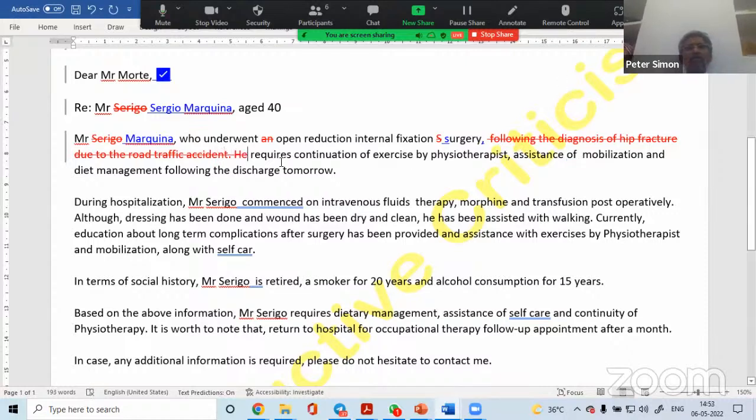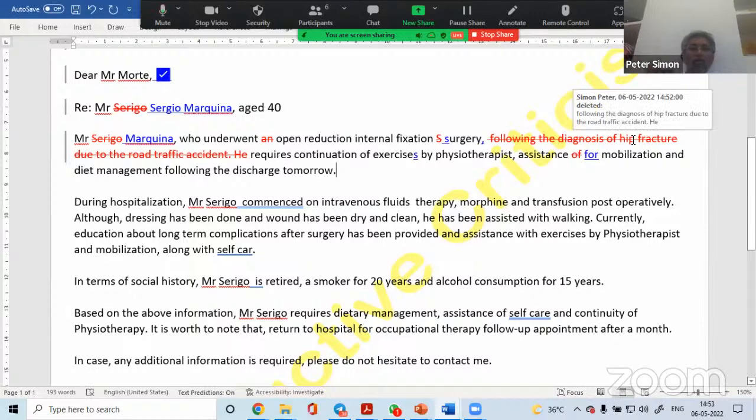Comma. Requires continuation of exercise. Only one exercise. Exercises by physiotherapist, comma. Assistance for mobilization, not of mobilization. Assistance for mobilization and diet management following the discharge tomorrow. Very good. Excellent. That's enough.